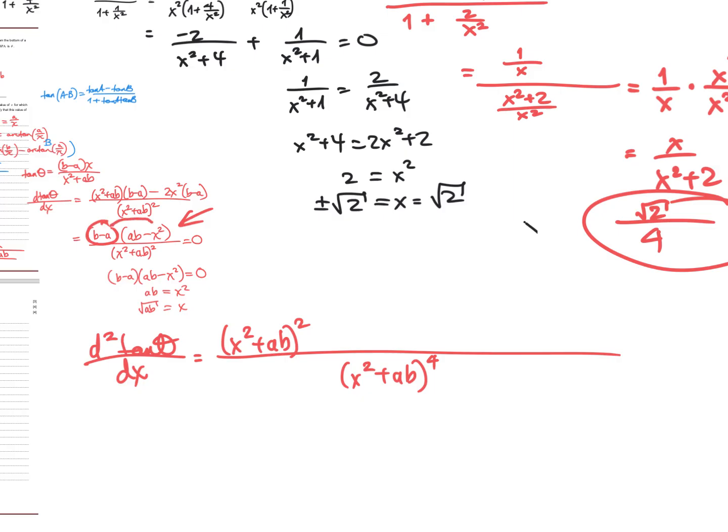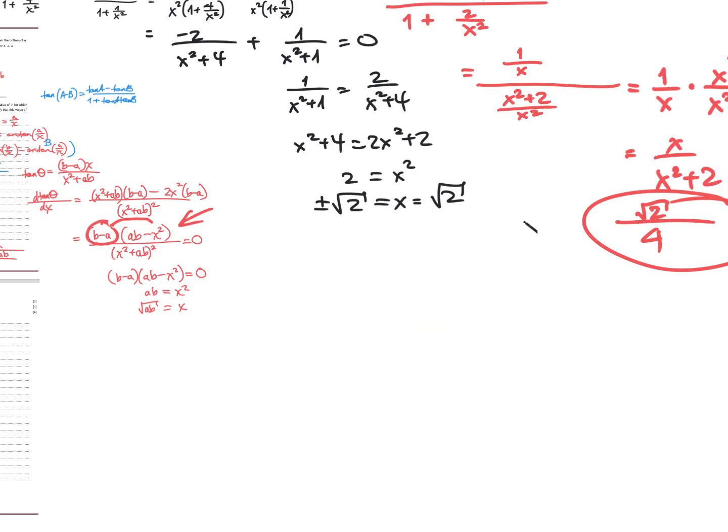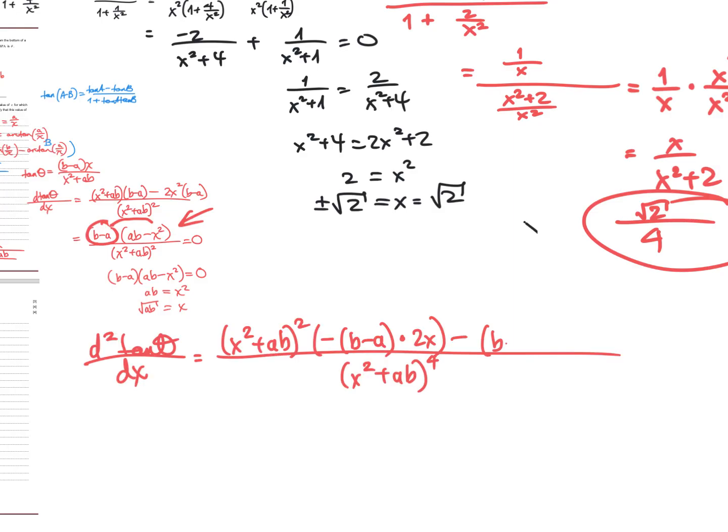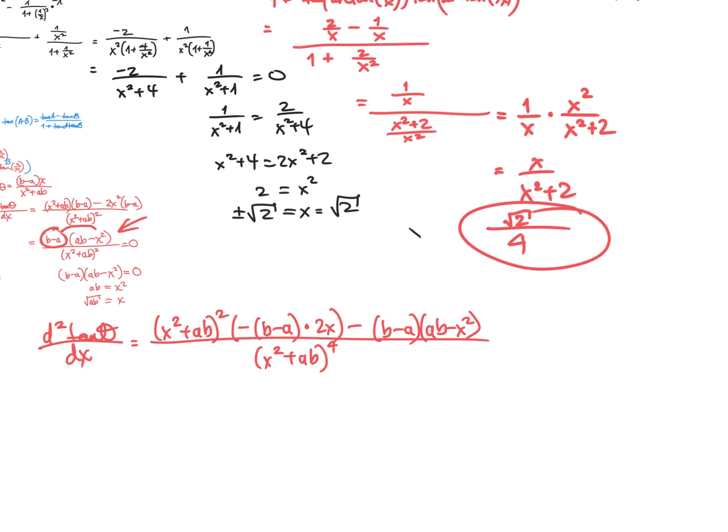So we're going to have negative B minus A times 2x. All right, then from that we subtract B minus A, B minus x squared, and then times the derivative of v, which is 2 times x squared plus AB to the 1 times the inside 2x.